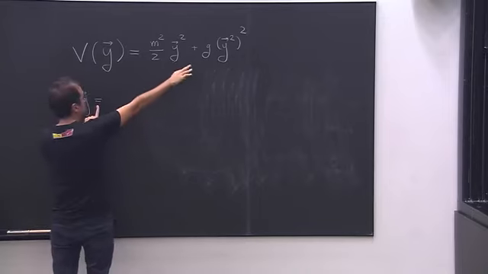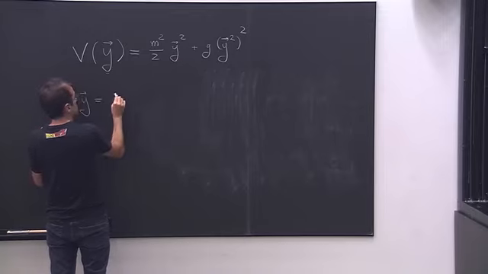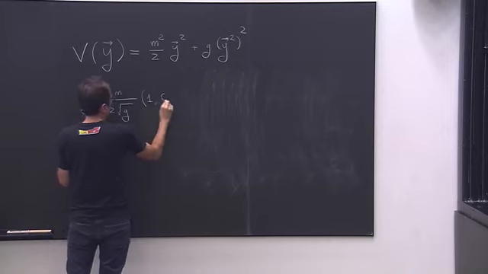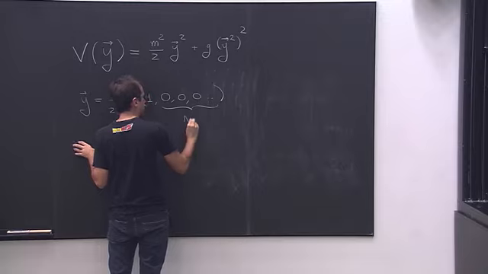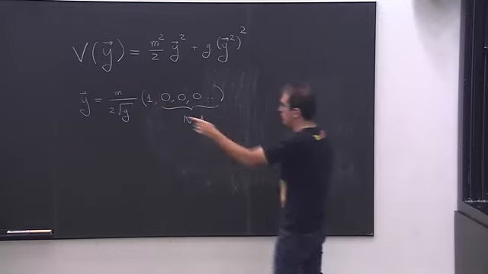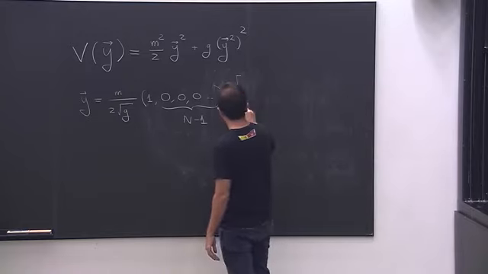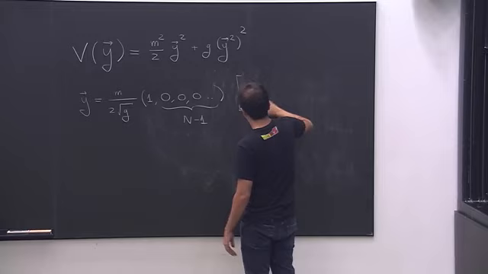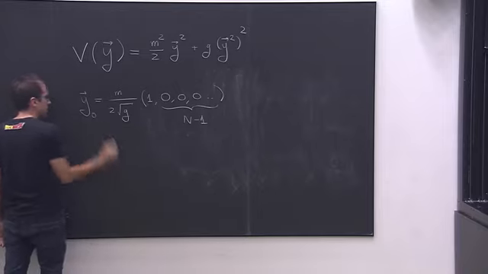So its derivative takes a 2, takes a 4. So it goes to m over 2 square root of g, and then I pick one direction, say direction 1. So this could be my classical configuration.